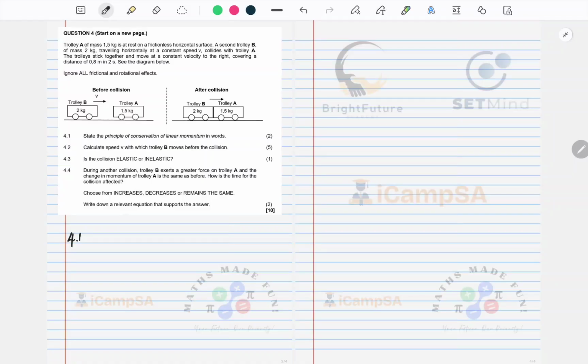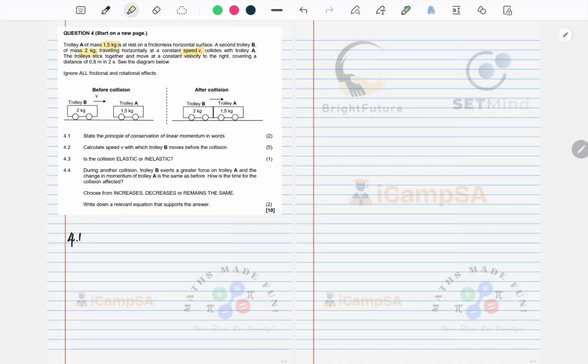So we have trolley A of mass 1.5 kg at rest on a frictionless horizontal surface, right? 1.5 kg. Let's mark it using this. And then a second trolley B of mass 2 kg traveling horizontally at a constant speed v. So that means the speed is not known, it's v.